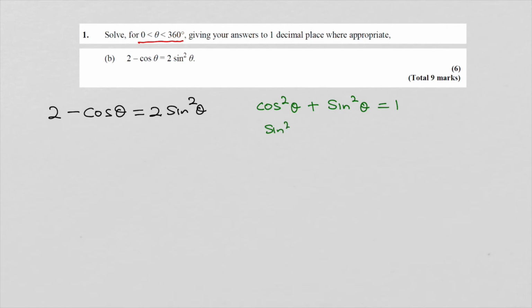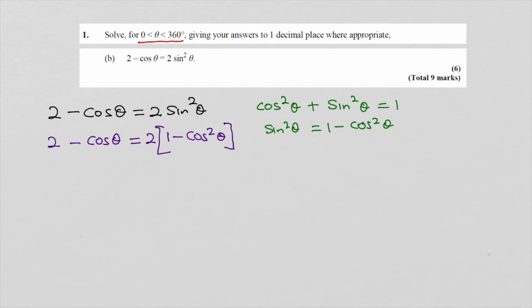Sine squared theta equals 1 minus cos squared theta. So now I'm going to write 2 minus cos theta equals 2 into bracket 1 minus cos squared theta.